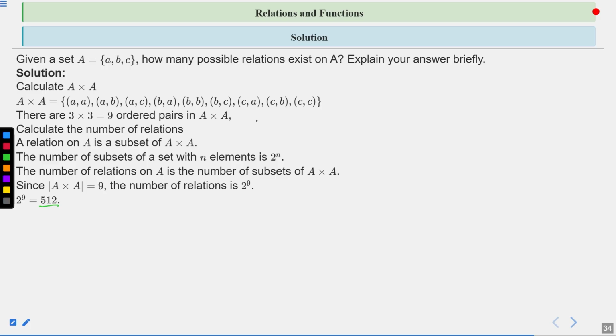Simple. So there are 512 possible relations on set A. I hope this is clear. This is directly from the theory which we had already covered.